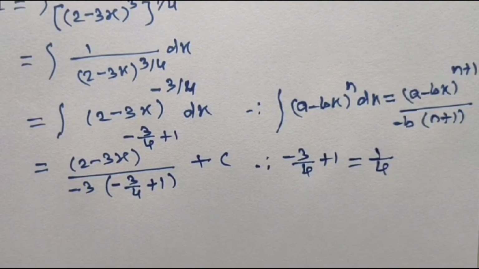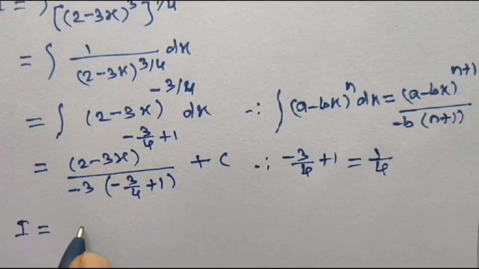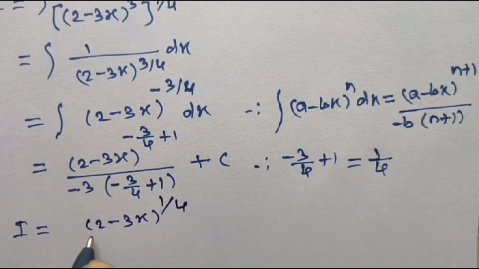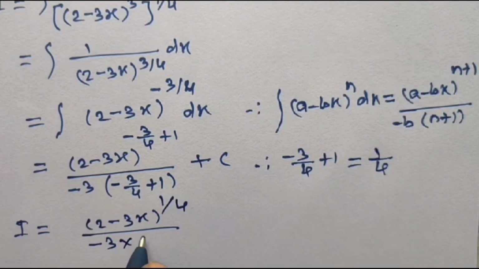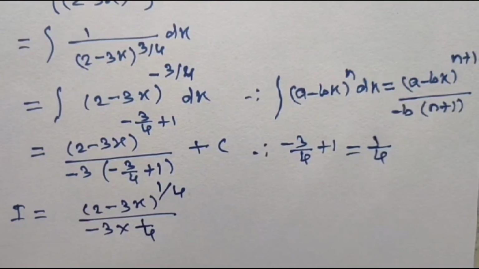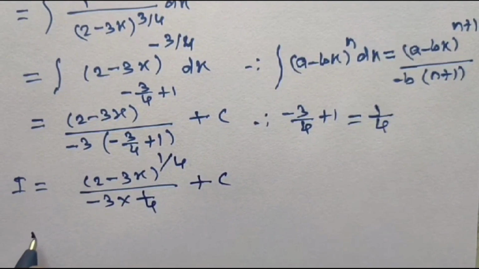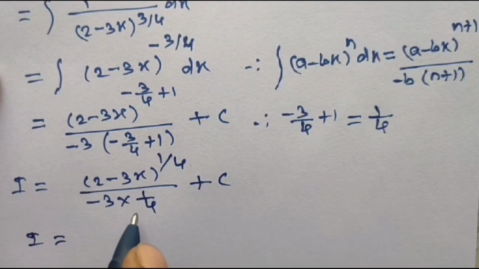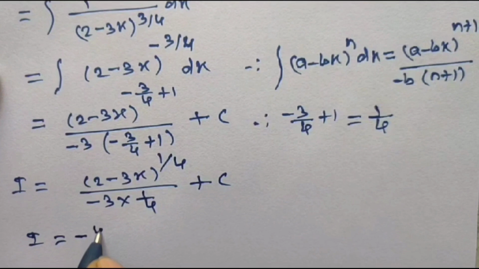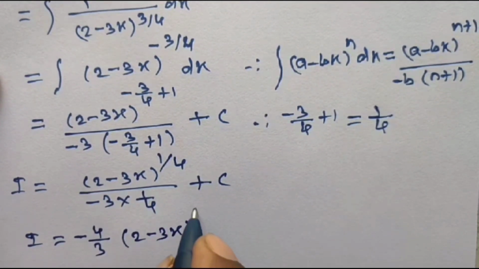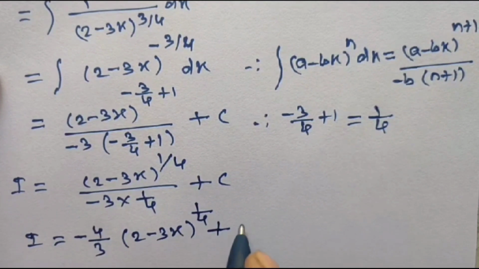Hence we can write I is equal to (2 minus 3x) to the power 1 upon 4, divided by minus 3 into 1 upon 4 into 1 upon 4, plus integral constant c. And now this can be written as I is equal to minus 4 upon 3 into (2 minus 3x) to the power 1 upon 4 plus integral constant c.